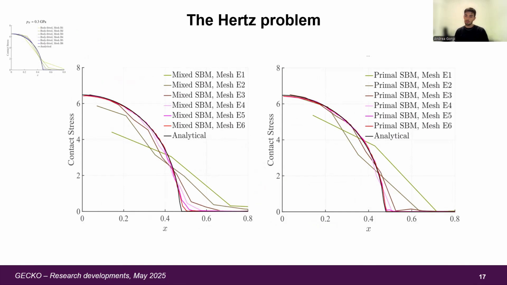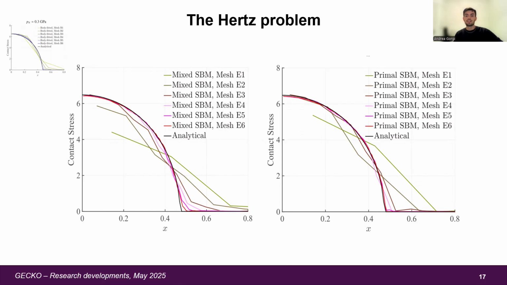Surprisingly, the primal formulation was also able to achieve very good results and actually converge even faster to the analytical solution than the mixed SBM formulation. This was surprising, as I said, because what we were observing for Neumann boundary conditions was a suboptimal convergence to the analytical solution for the displacement field.